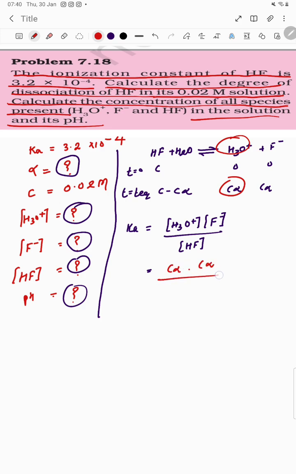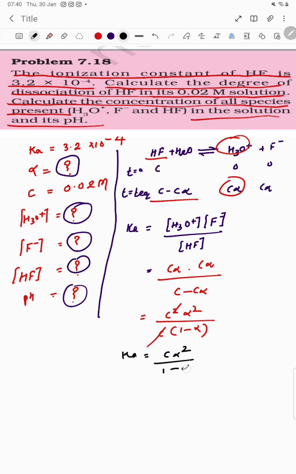This is C alpha. And here the HF value is how much? C minus C alpha. So it is going to be C square alpha square over C minus C alpha. C can be taken common, 1 minus alpha, so this and this cancel out. What is left out? Ka is equal to C alpha square over 1 minus alpha.